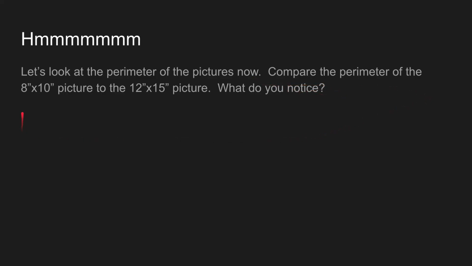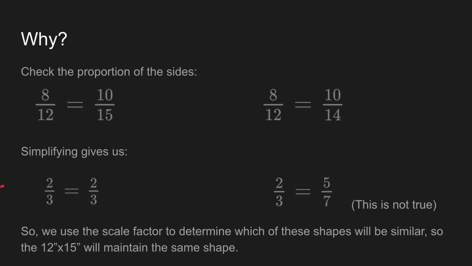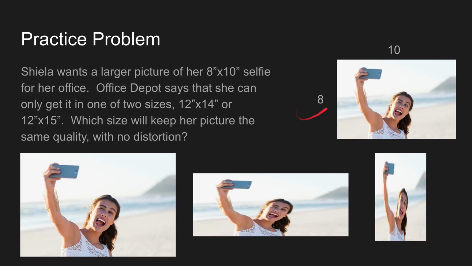Now, really quick, we want to look at the perimeters of the pictures, and I want you to compare the perimeters of the 8x10 to the 12x15. We already said before that simplifying the sides gives us 2 to 3. But now if I add up all the sides, 8, 8, 10, 10, will that equal the same ratio as 12, 12, 15, 15?